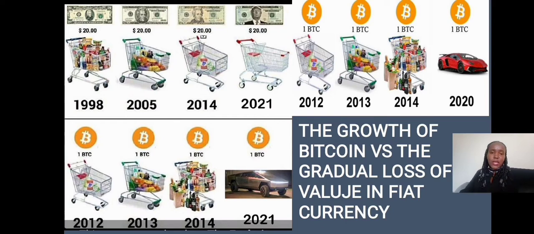In 2012, it could have bought a few shoppings. When you go to 2013, the number of things increased. 2014, 2021, it is even able to buy luxuries such as cars. So basically, what I'm trying to say here is that Bitcoin or cryptocurrency came to address the issue of depreciating paper money, paper currencies.